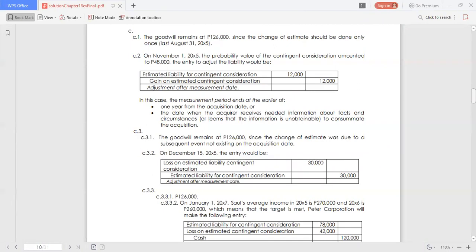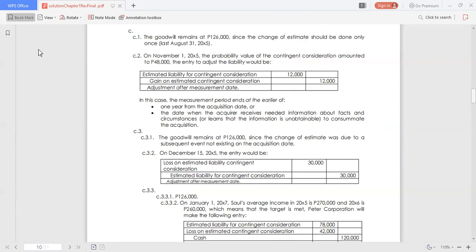Letter C. November 1, the probability value of the contingent consideration amounted to 48,000. So 48,000 minus 36,000, there is a difference of 12,000. So we now debit estimated liability for contingent consideration and credit gain on estimated contingent consideration.